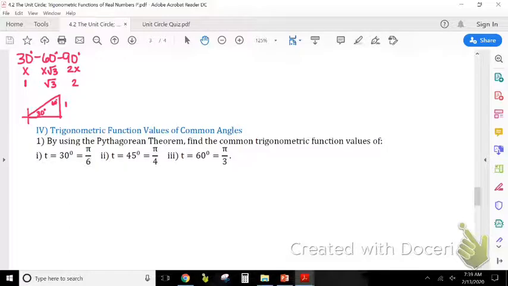Across from 60 degrees is going to be the square root of 3. And obviously, hopefully you could tell that was my 90, and across from 90 would be a 2. And so if I'm in my first quadrant, which I am here, then I know that square root of 3 is my x, 1 is my y, and r, the radius, would be that 2.